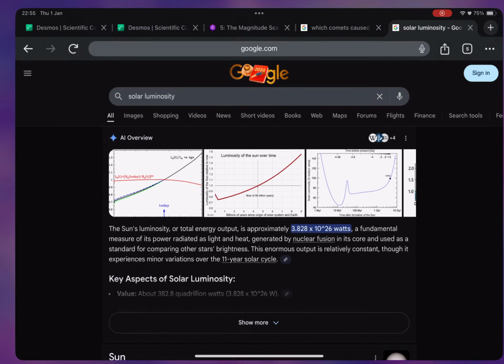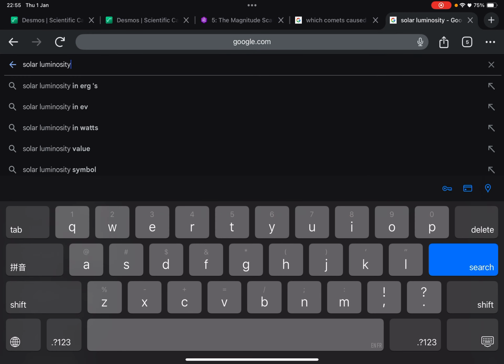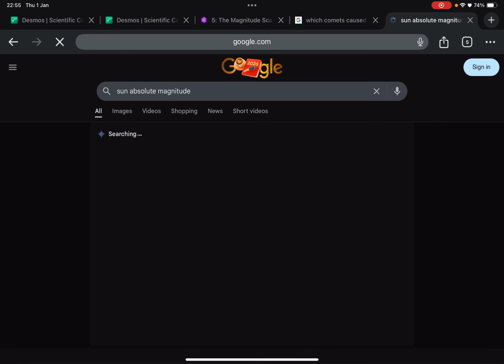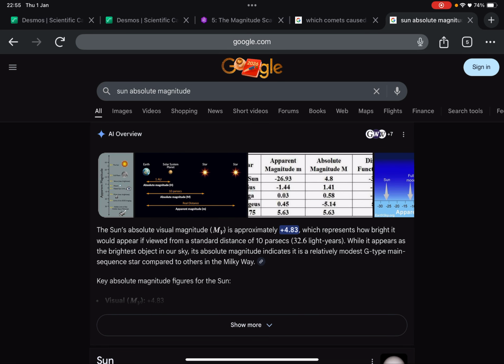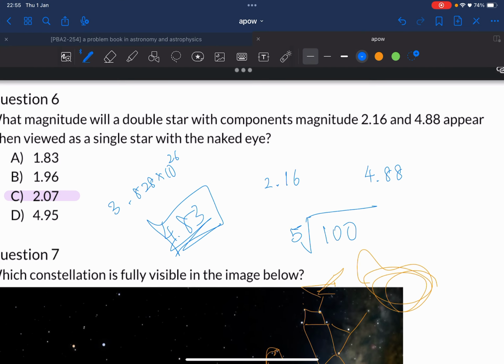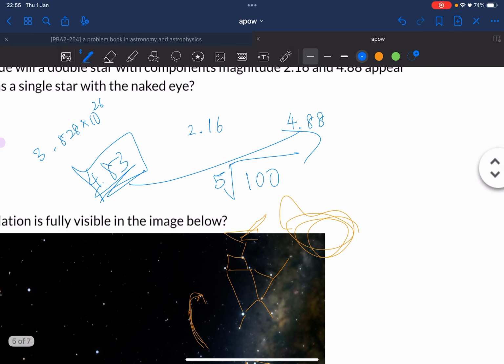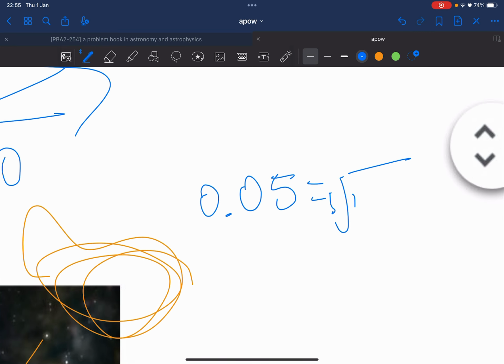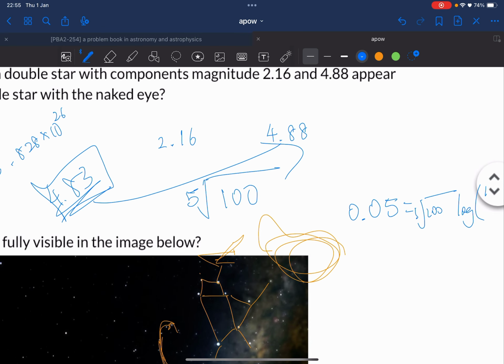Okay, fine, we're using that. I think its absolute magnitude is 4.83. Is this even correct? Fine, we're doing it the stupid way. Okay, cool. So only 4.83 is this much. I mean, another star is 4.88. So given that, we basically just know that 0.05 is equivalent to... yeah.